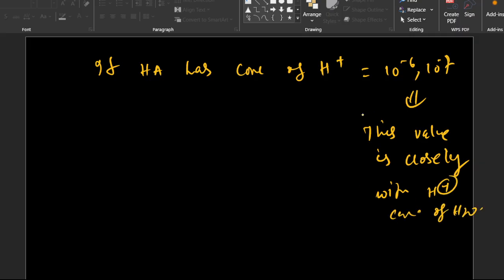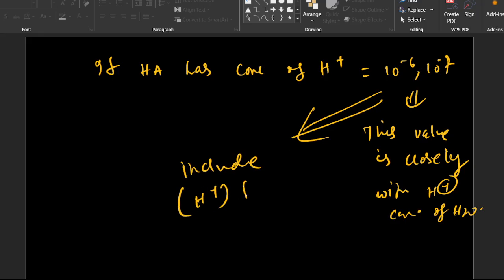So for this case, we will include H plus concentrations from water also. So if HA has a concentration equal to 10 raised to minus 6 or 10 raised to minus 7, in that case include the concentrations from water.